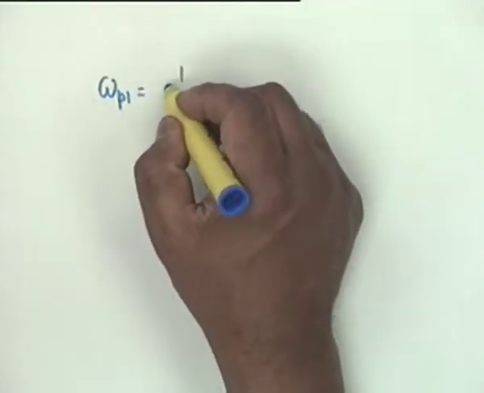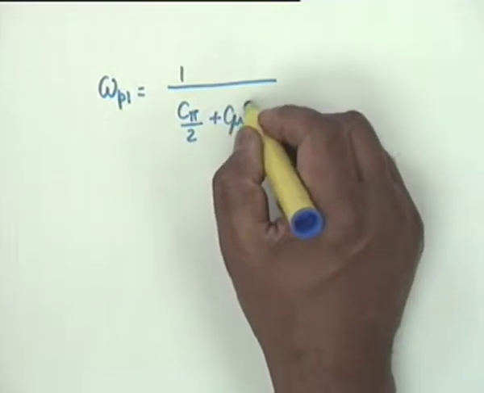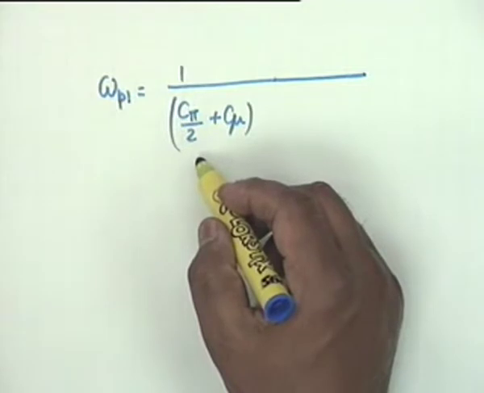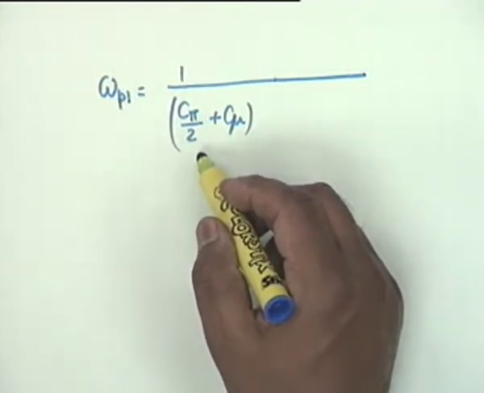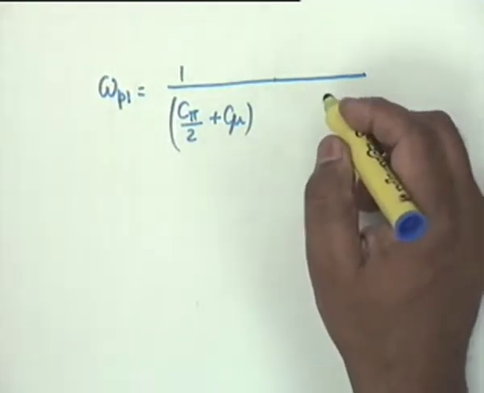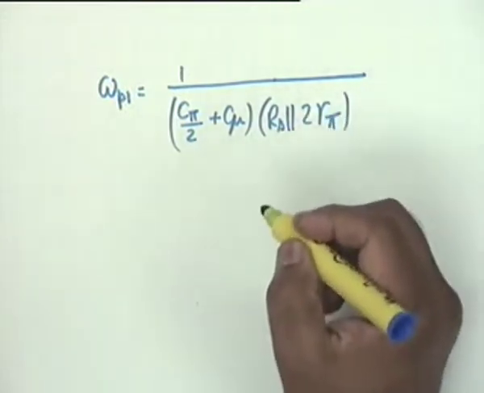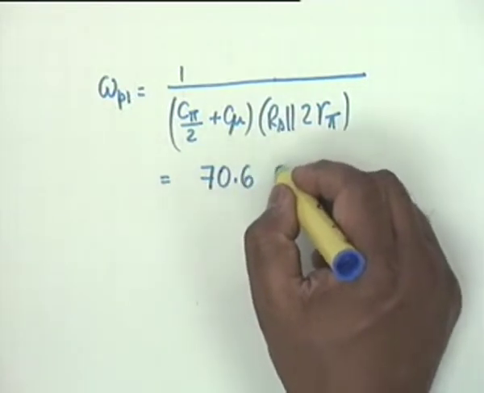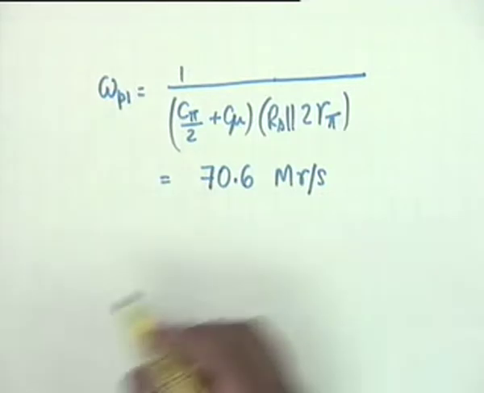Omega p1 is 1 by (C pi by 2 plus C mu) times Rs parallel to R pi. This is also remarkable, that instead of C pi, we get C pi by 2. Isn't that right? That also contributes to wide banding. If you substitute the values, this comes out as 70.6 megaradians per second.